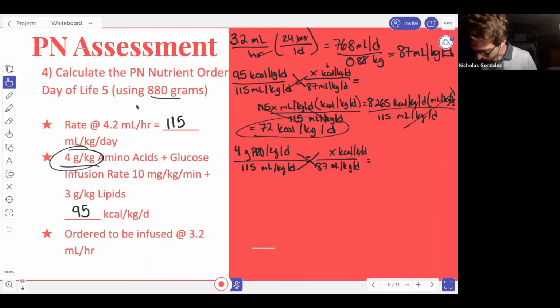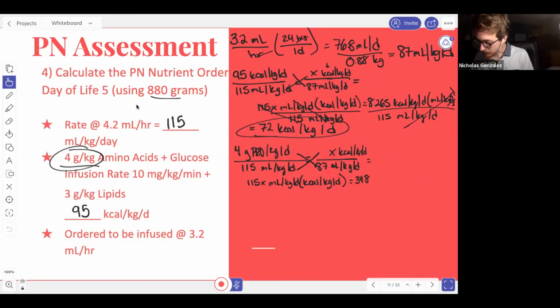And we're going to have 115 milliliters per kilogram per day times X equals the 4 times 87, which is 348.